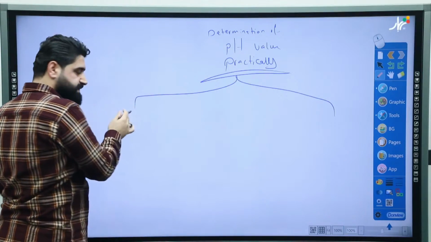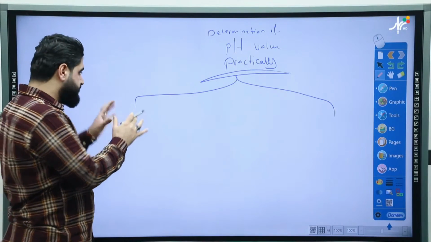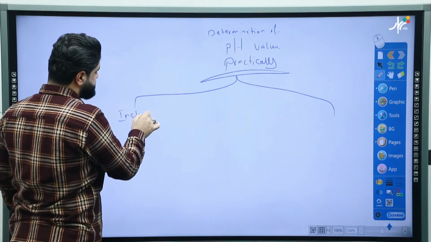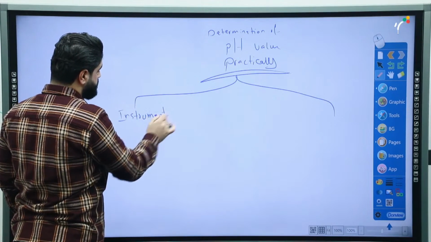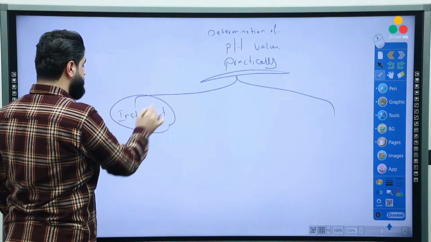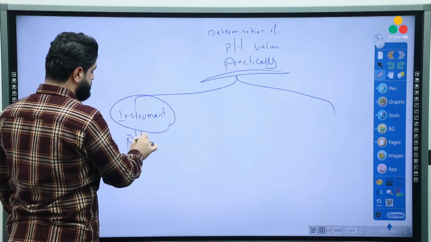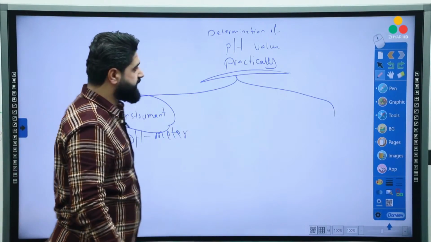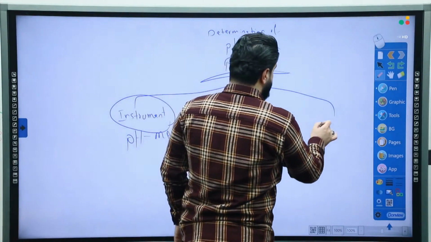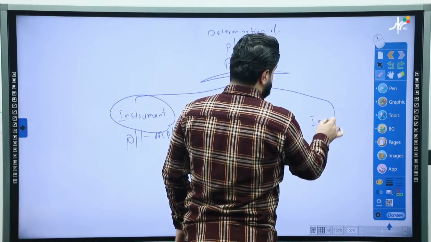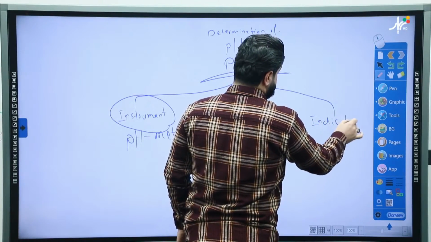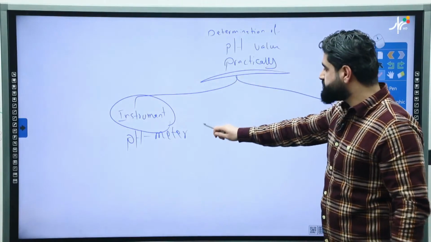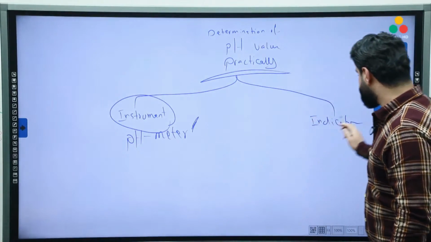The first is the instrumentation way, the instrument: we have the pH meter, and we have the indicator.